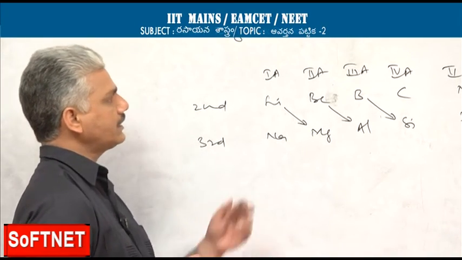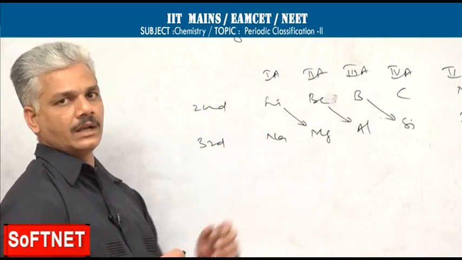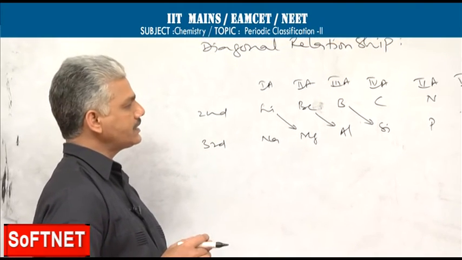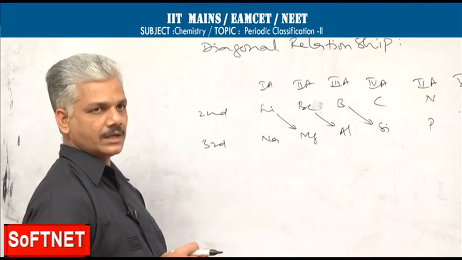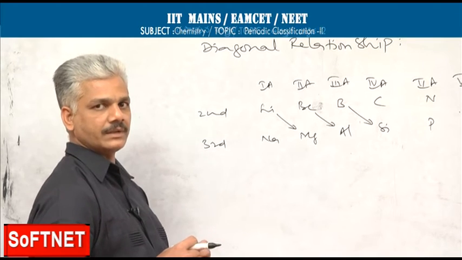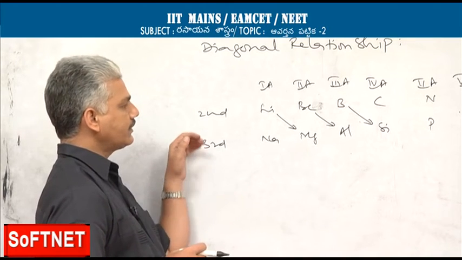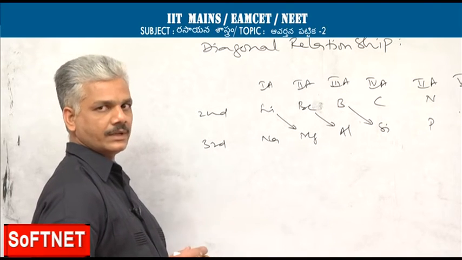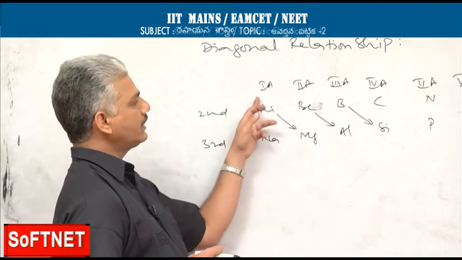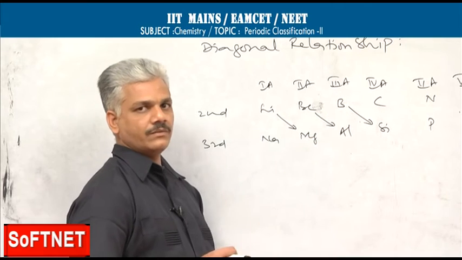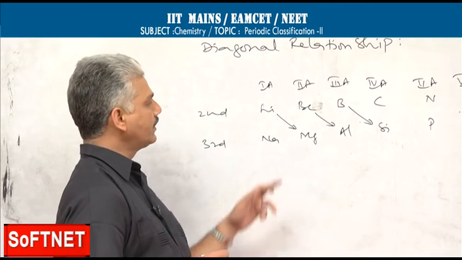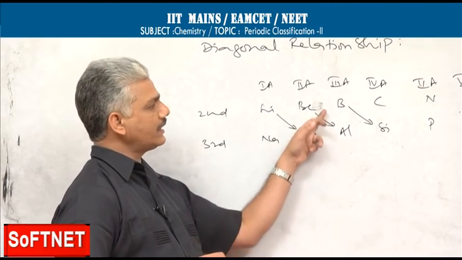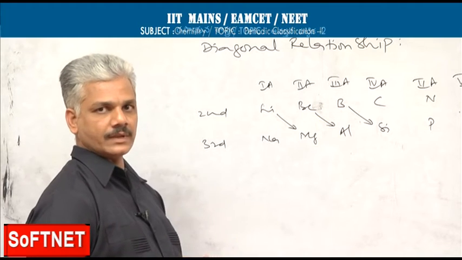This phenomenon is called a diagonal relationship. As you can see, this diagonal relationship is a very limited property observed in only 2 periods of the periodic table, second period and third period, that too in only the first 4 groups, and only 3 pairs of elements exhibit this property.